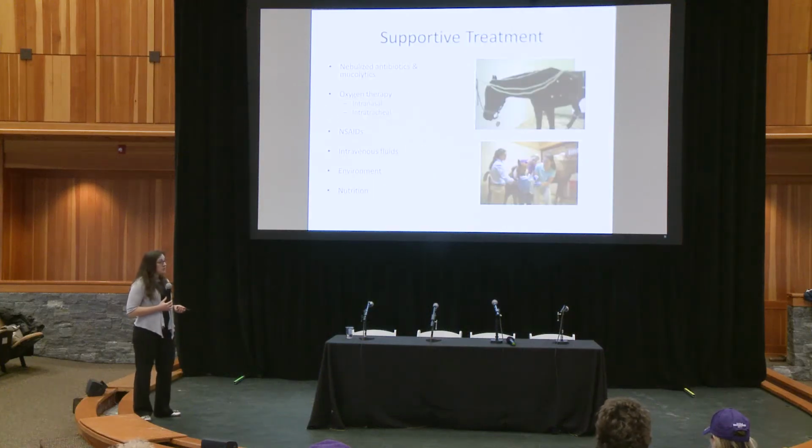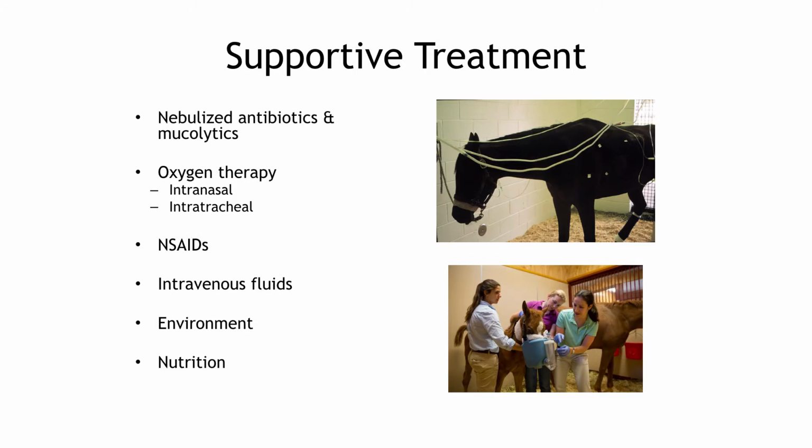So, other supportive treatments. Again, I see the subset of foals that aren't responding to the first line of treatment at the farm. When they come in to me, I do a lot of nebulized antibiotics, primarily gentamicin for the reasons I just mentioned. Sometimes we'll also use nebulized acetylcysteine and other compounds to help break up the mucus.